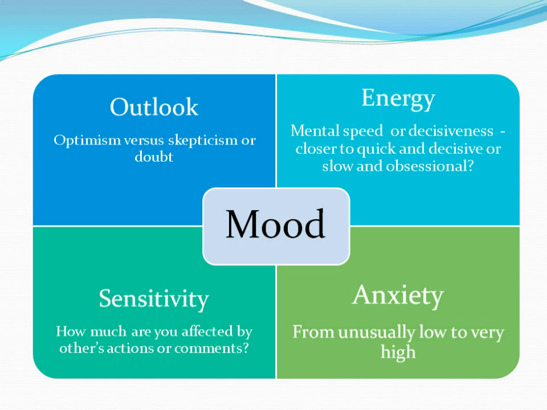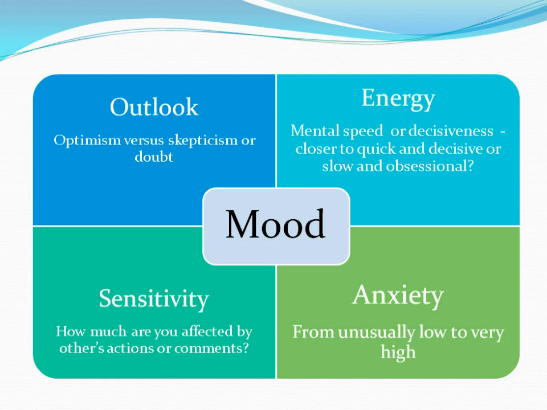Mood is probably the trickiest aspect of mood charting, because we all have a different language for talking about mood. And so this language probably isn't going to fit perfectly with your experience. But we divide it into 4 dimensions.